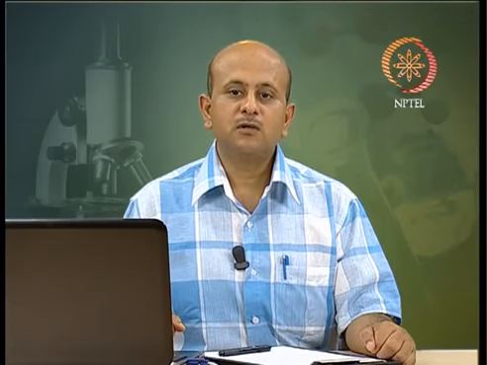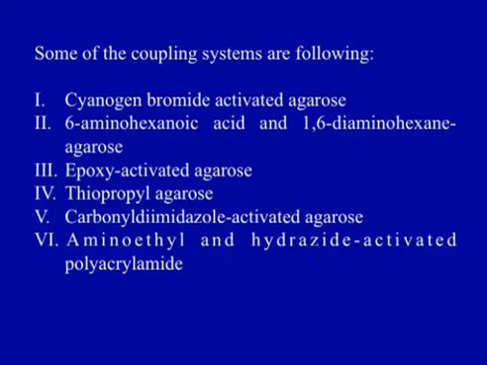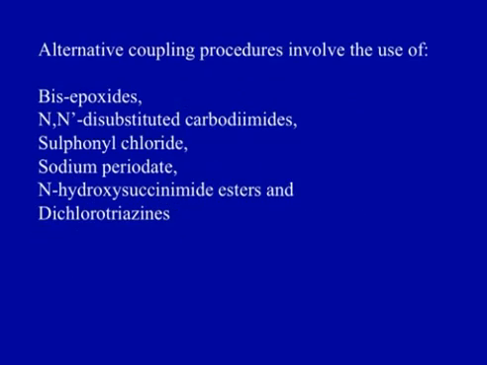So, the chromatography run might not be proper. To avoid this problem, carbonyl diimidazole could be utilized rather than CNBr. Then there are aminoethyl or hydrazide activated polyacrylamides which could be utilized for coupling, and a lot of alternative coupling procedures are available which could be utilized here.